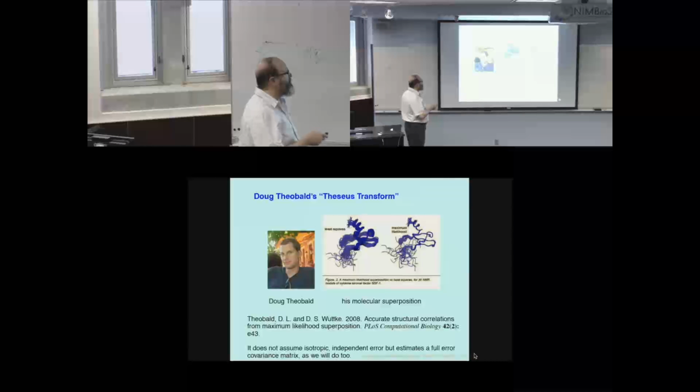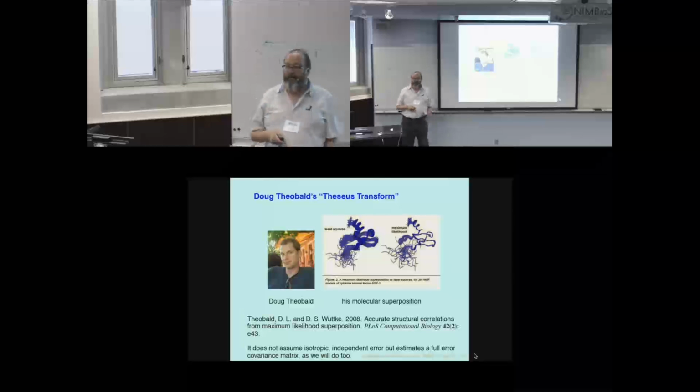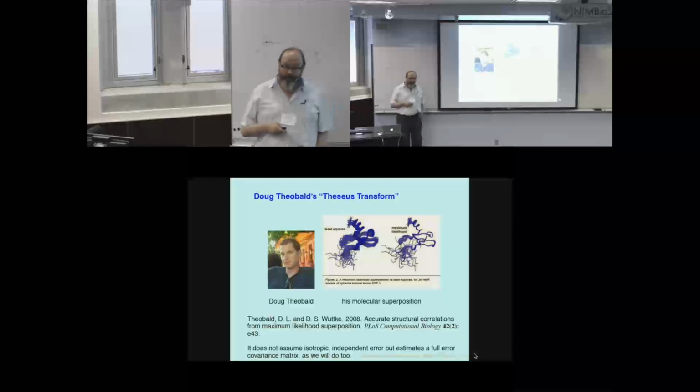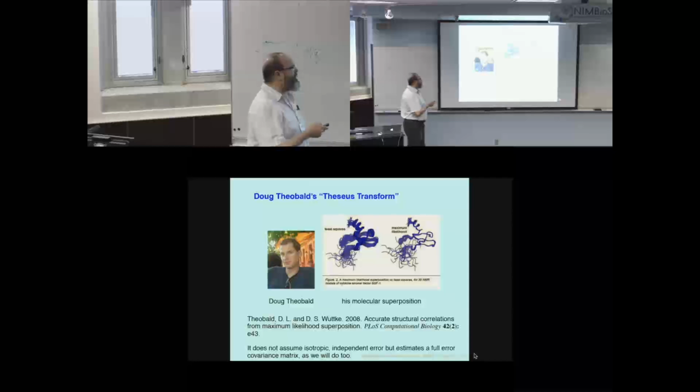Here's a bunch of them superposed. Here they are superposed by least squares. What you'll notice is they have some parts that don't change much, and then they have a certain part where it's just sort of sticking out and wiggling around and not very well superposable. It doesn't really fit the Kendall model because the noise is much less there than down here.